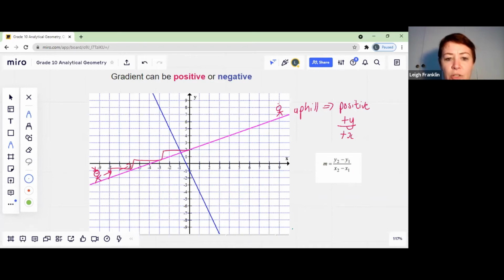So when we go up and to the right, up is a positive y value, to the right is a positive x value. That's why the gradient would be positive when we go up and to the right, because a positive divided by a positive would give us a positive. On the other hand, now imagine that you are standing over here.